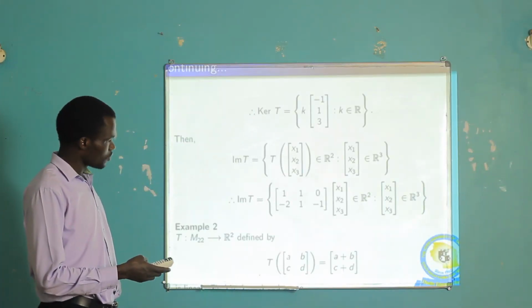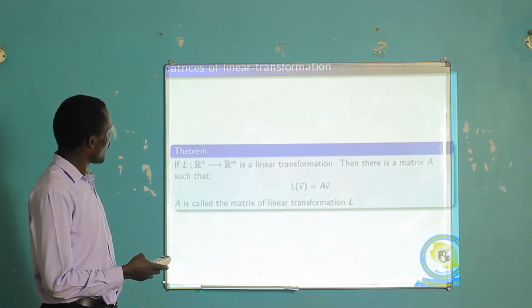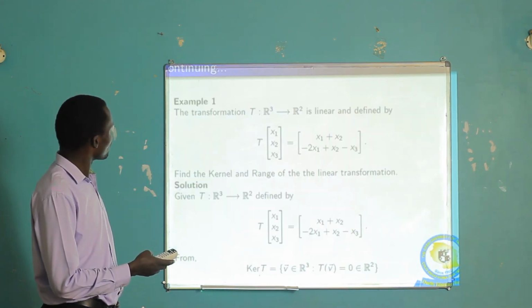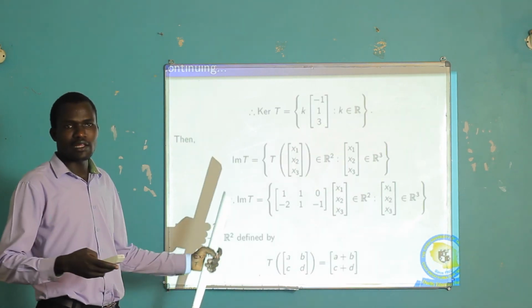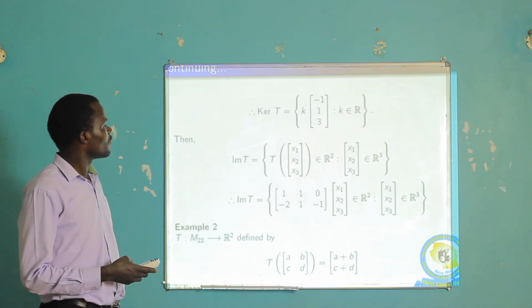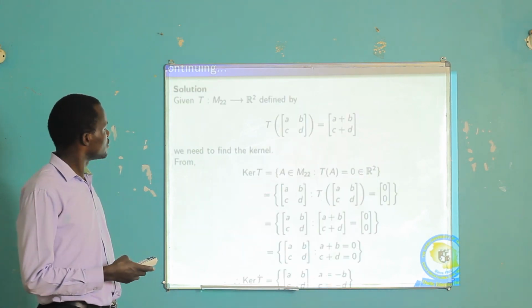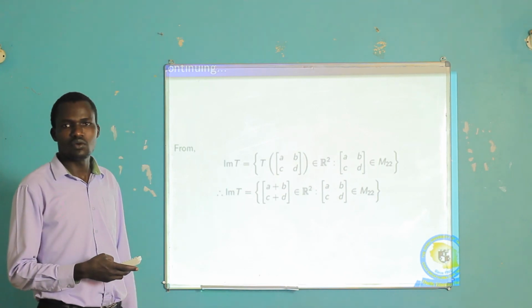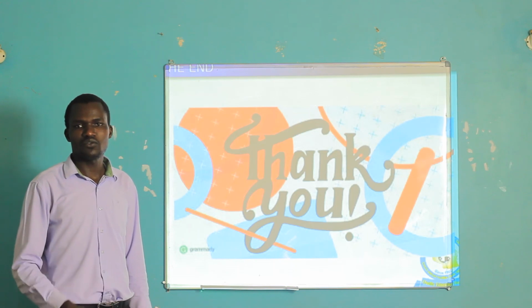Okay, my dear students, after looking at the kernel and the image and the general idea of the linear transformation, this was the part for concluding our lecture. Thank you so much for listening.